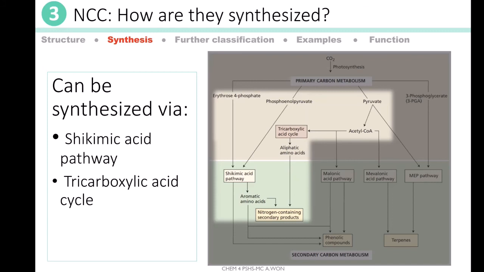So amino acids are the intermediates for producing nitrogen-containing compounds. So for aromatic amino acids, they come from shikimic acid, while aliphatic amino acids come from tricarboxylic acids.